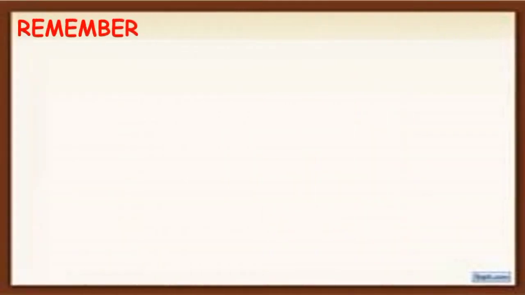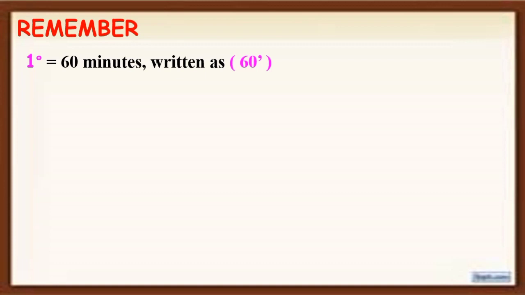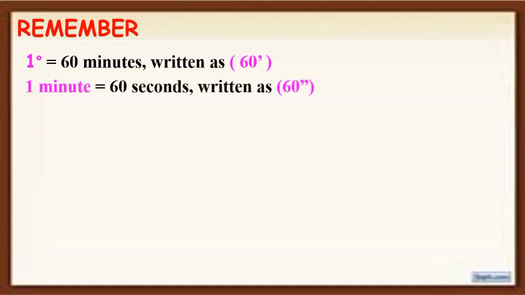So remember, 1 degree is equal to 60 minutes, and it is written as this one. And 1 minute is equal to 60 seconds, written as this one. So therefore, 1 degree is equal to 59 minutes and 60 seconds.